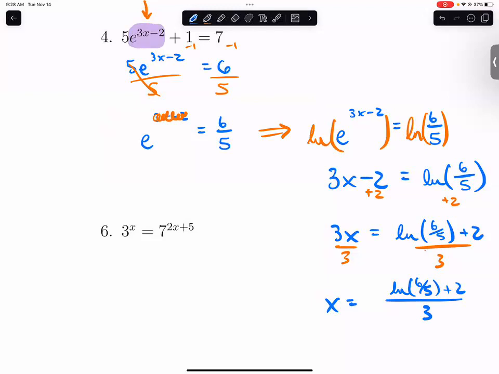If you have an exponential, you're almost certainly going to have to use a log to get rid of it. So we did that, right? Natural log because the base was e. And then, yeah, it's a little bit messy, but all we really did was add 2 and divide by 3. Right? We're just, again, pushing stuff over to the other side of the equation. Okay, questions about that one?